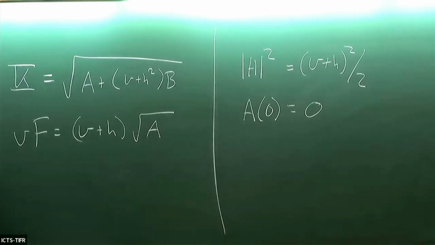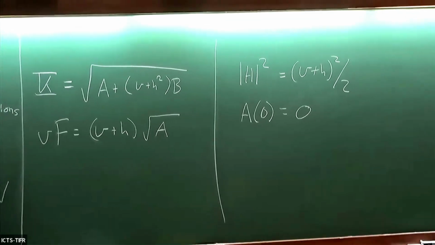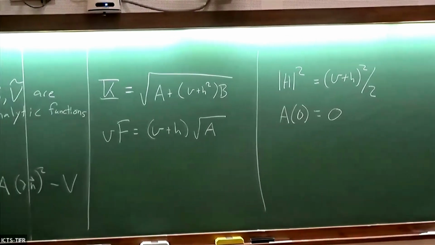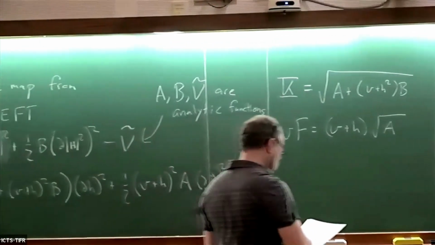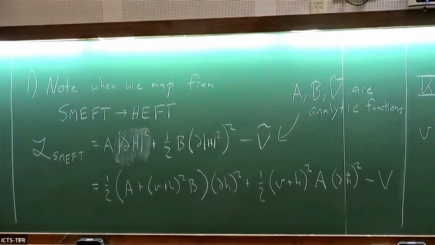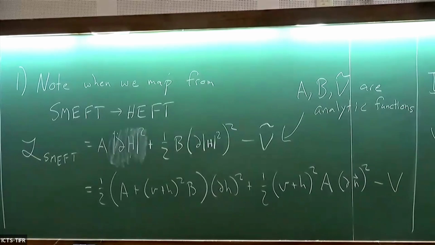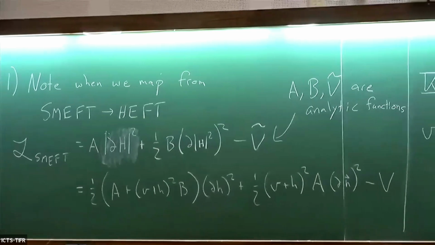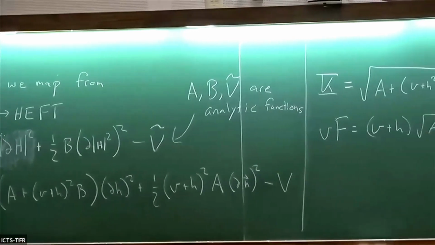I didn't write the arguments. This should be dh squared, and then this should be 1. And v prime at little h equals 0 is 0, okay? The potential is minimized at the VEV.